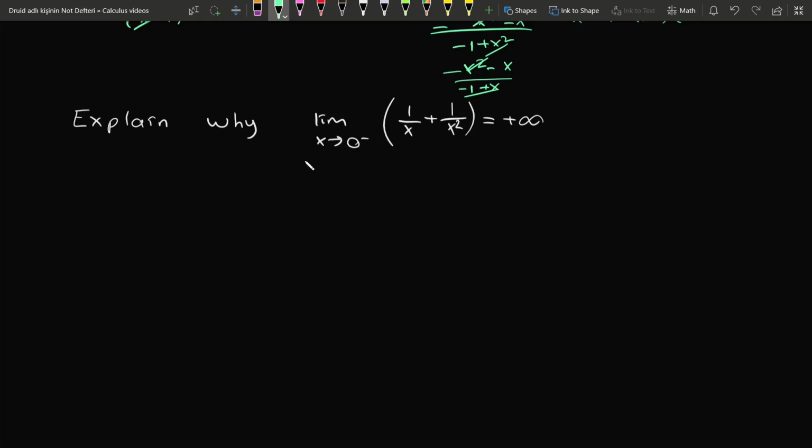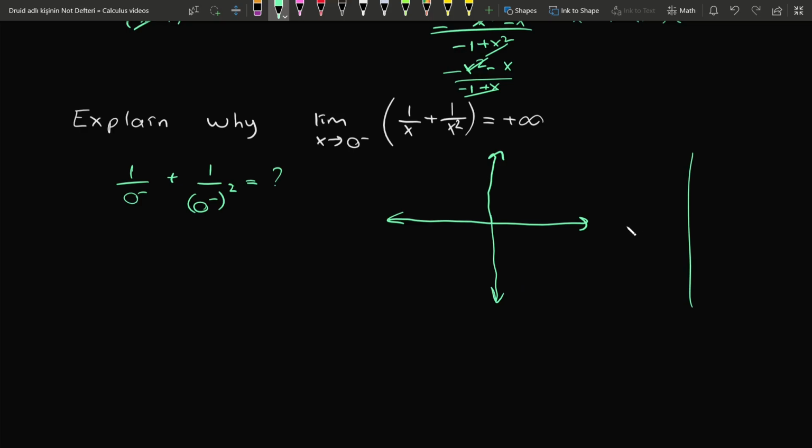To understand this, when I look at this, I'm seeing that if I plug in, I'm getting something like this. So what is this, right? I cannot work with something like this. But if I know the graphs of these functions, of course we're in calculus, so we have to know these graphs. For 1 over x, my graph should look something like this, right?